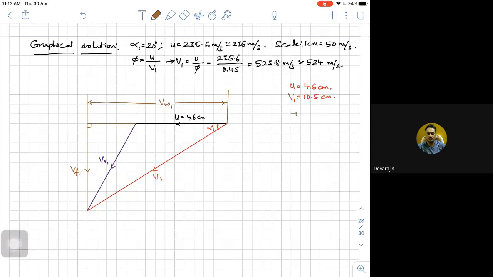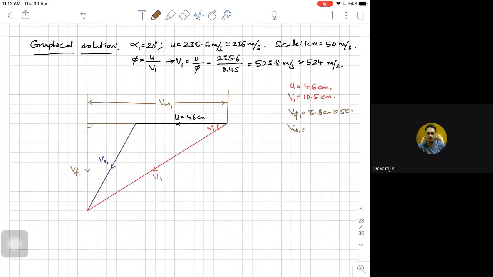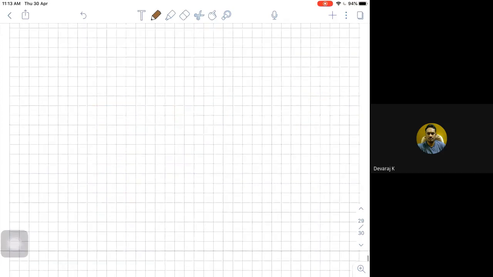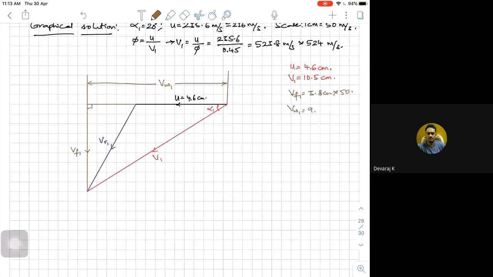VF1 is maybe around 3.8 centimeters, multiplied by 50, and VW1 you may get around 9.3 centimeters, multiplied by 50, and you will get that number.